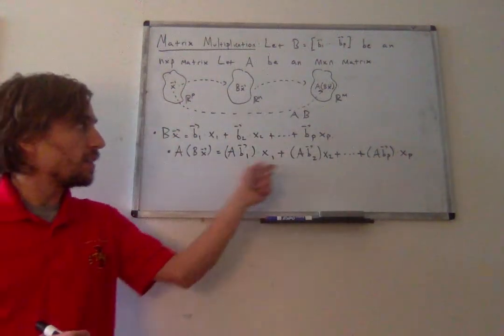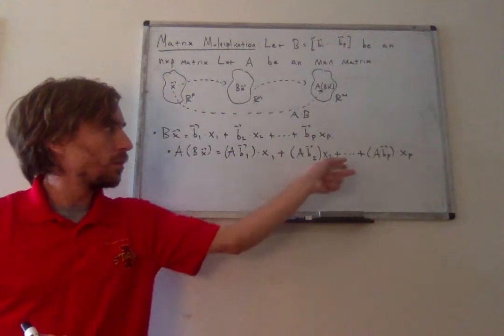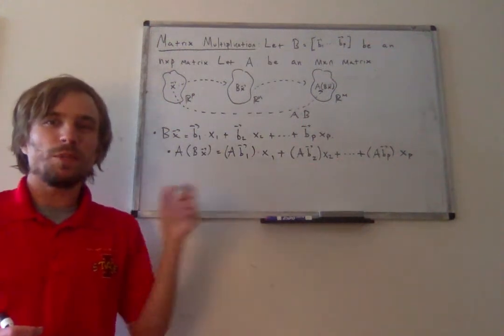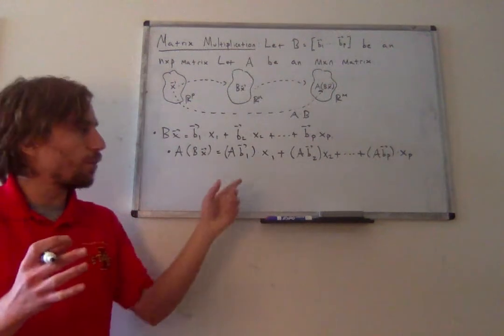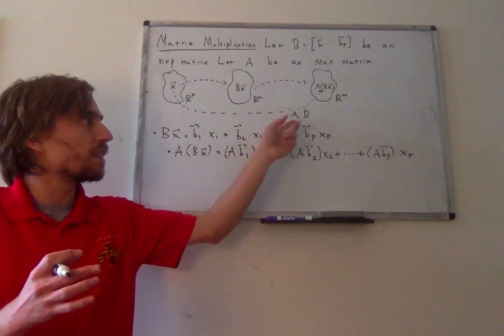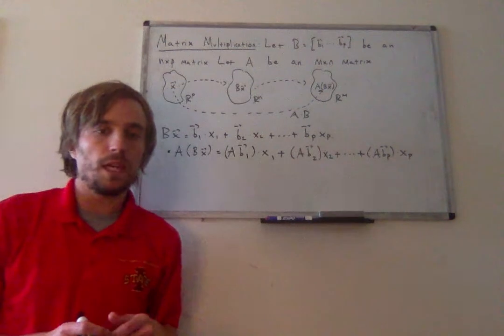And so notice, this is the vector we're getting in Rm. But I want to somehow pull out the information from this vector to figure out exactly what this product should be.